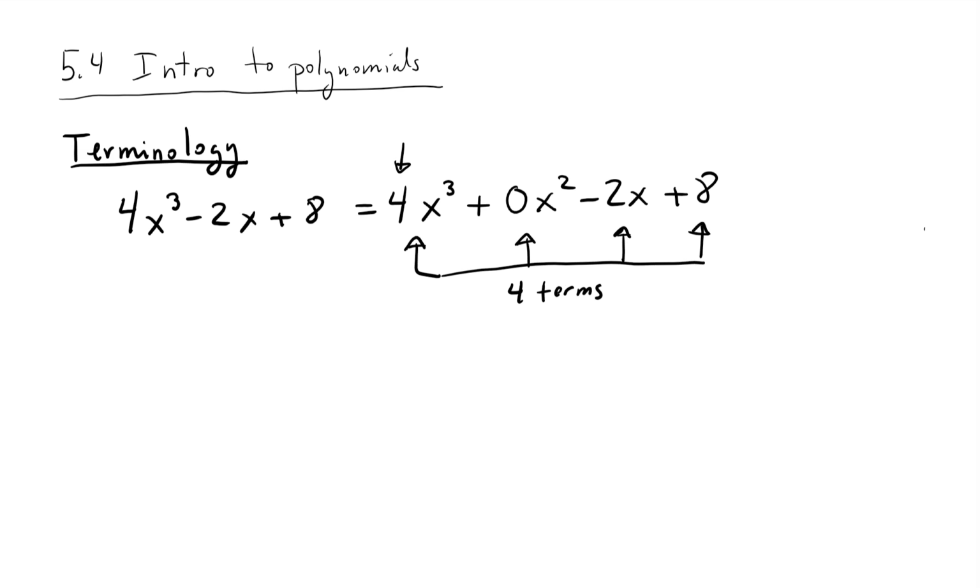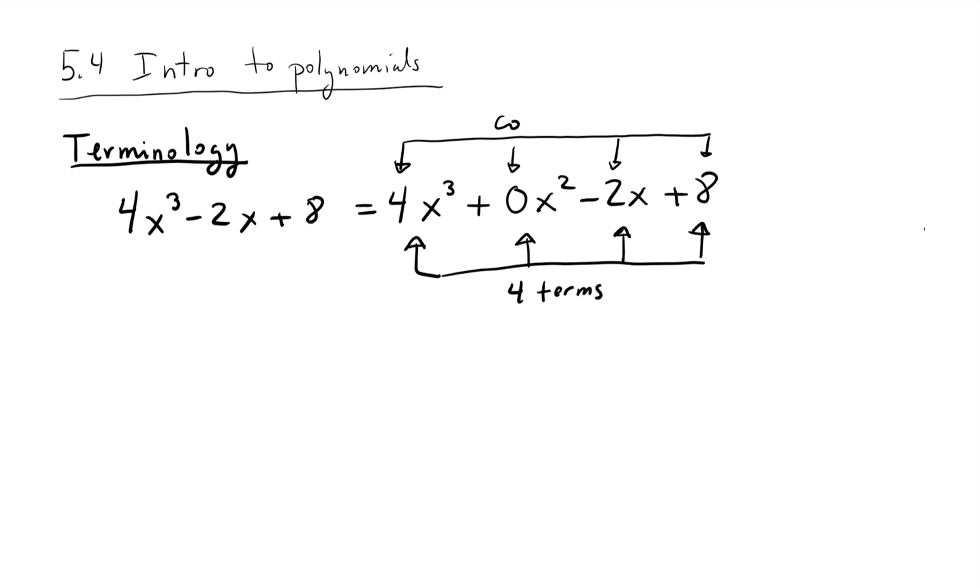The constants that multiply each term. So the last one, the 8, you could say it's multiplying x to the 0, right? So there's x cubed, x to the power 2, x to the power 1, which is x, and 8 multiplies essentially x to the power 0. So they're all multiplying powers of x in some way. So the constants that are multiplying the powers of x are called the coefficients.